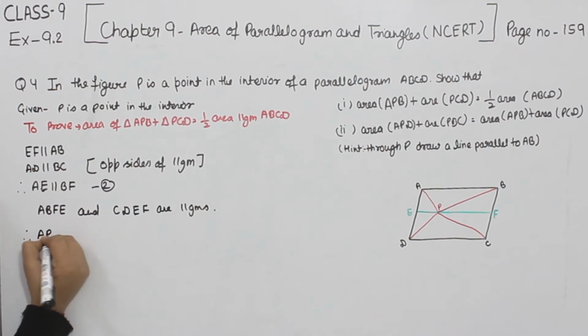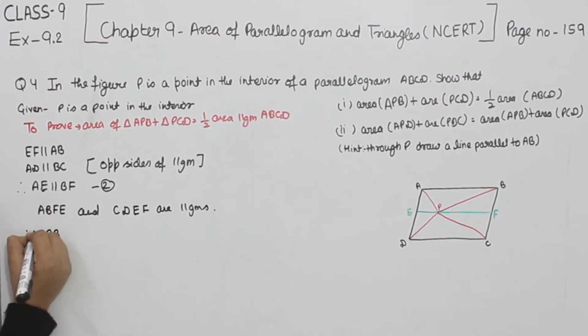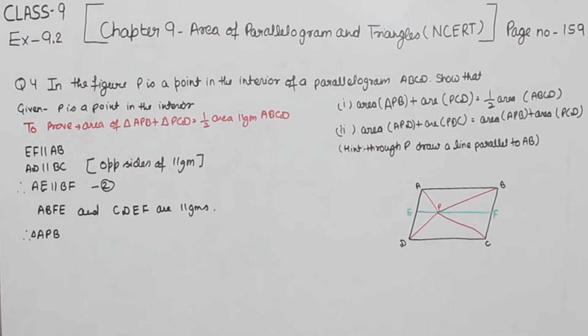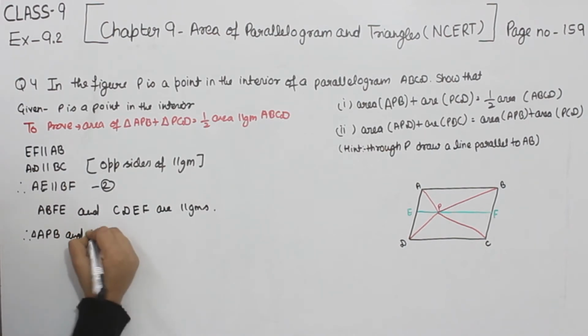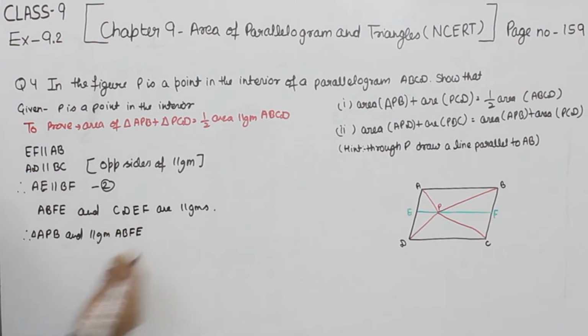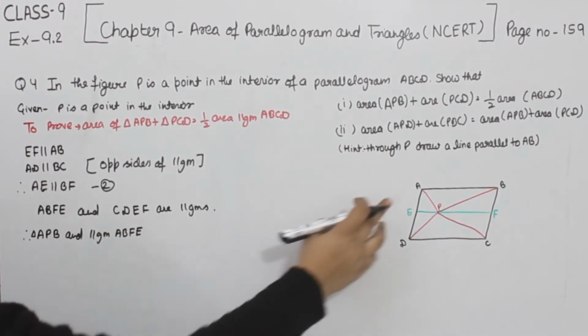Now we are going to take the triangle APB and the parallelogram ABFE. They are on the same base AB.